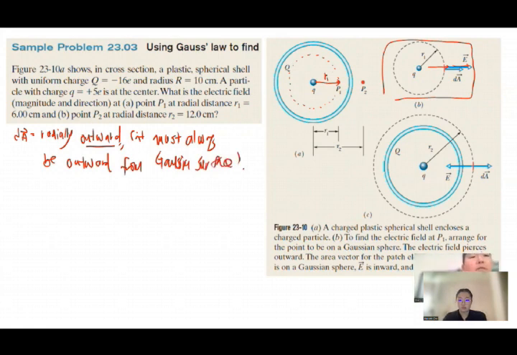As long as you have a Gaussian surface, the area vector should point outward. Because of that, the angle between the electric field and the area vector equals 0, because they are pointing in the same direction. They all align outward radially.